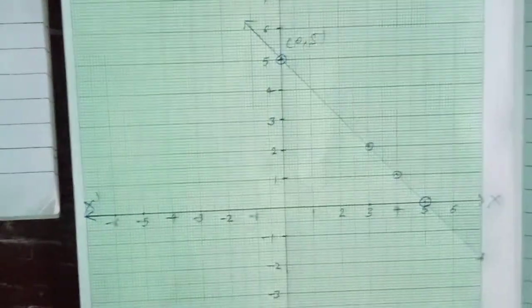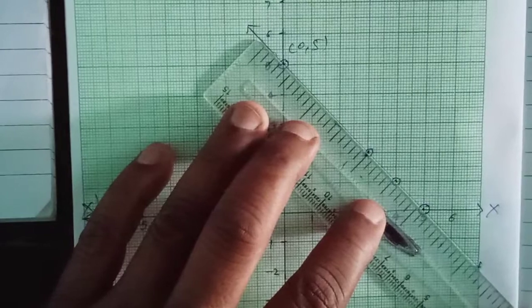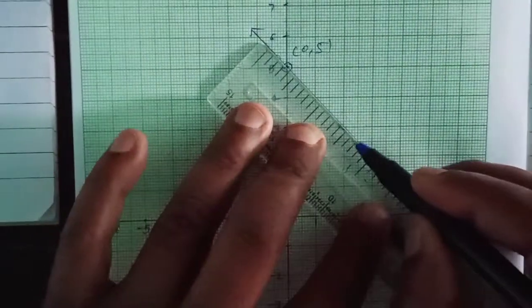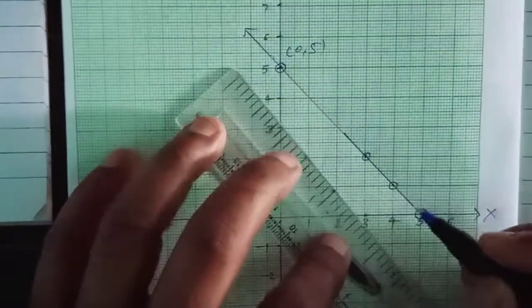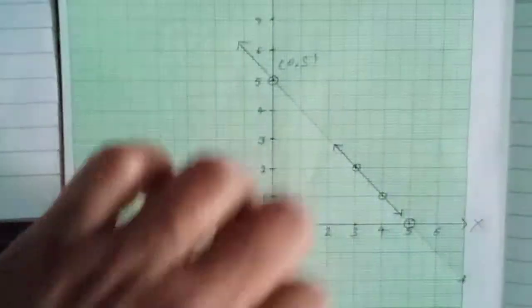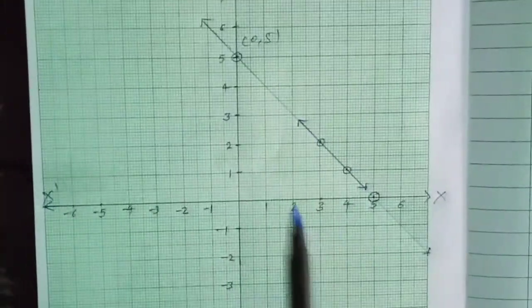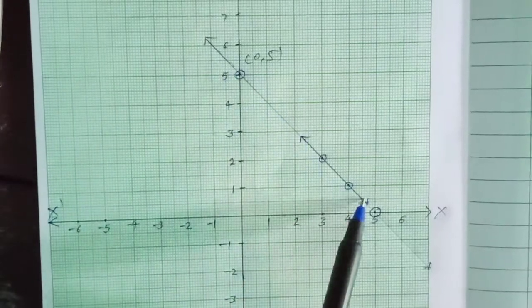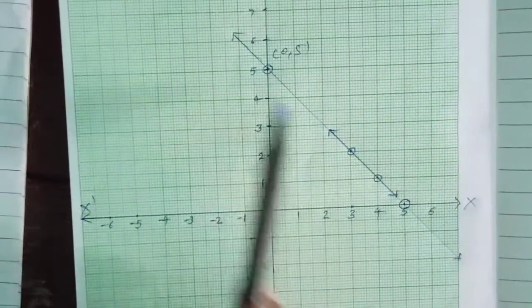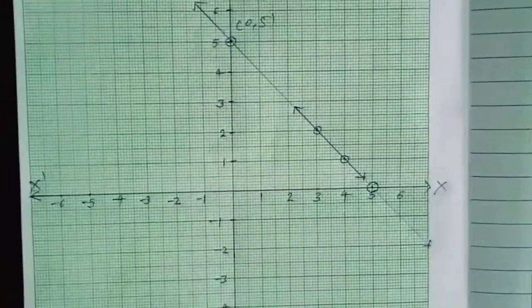And we see that the second line is on the first line. See the graph. First line and this is second line, and the second line is on the first line. It means the lines are coincident.